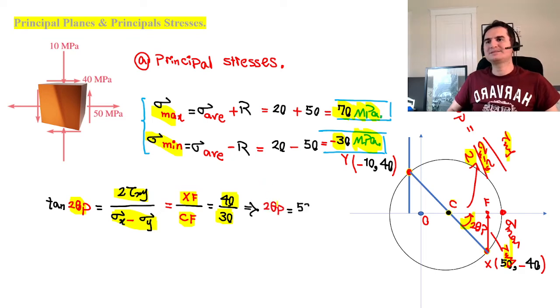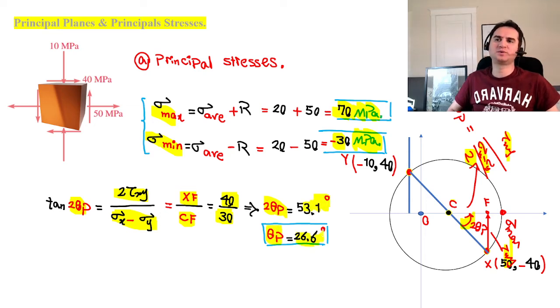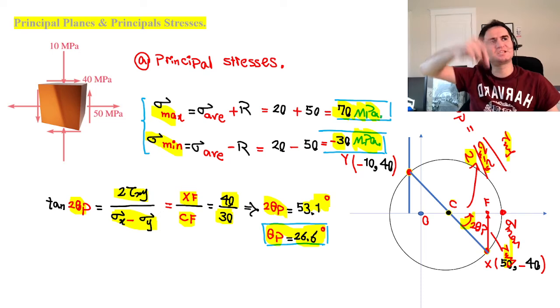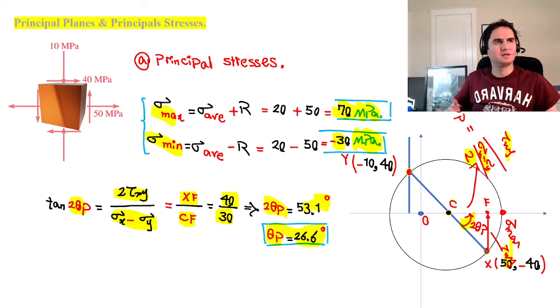If you do the math, it gives you 2 theta p is 53.1 degrees, and hence theta p is 26.6 degrees. That's the angle from the original plane to sigma maximum, which is a plane with no shear.